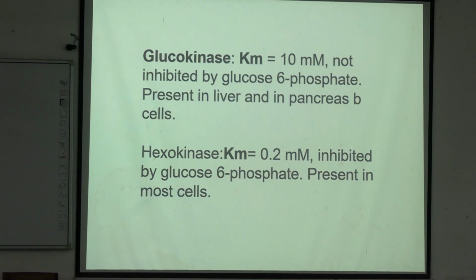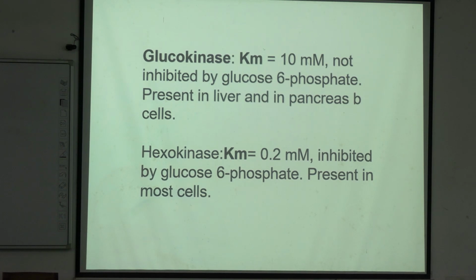One is hexokinase, another is glucokinase. What is hexokinase? It converts glucose or fructose to glucose or fructose 6-phosphate. What is glucokinase? It converts glucose, only glucose, to glucose 6-phosphate.